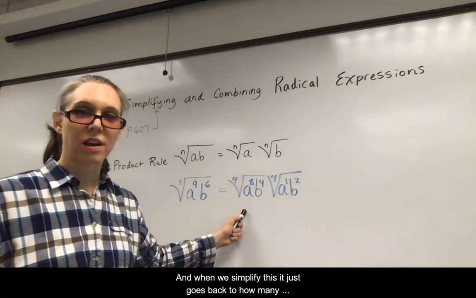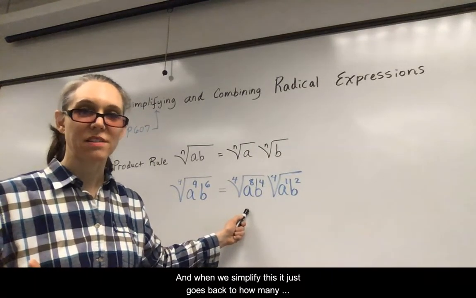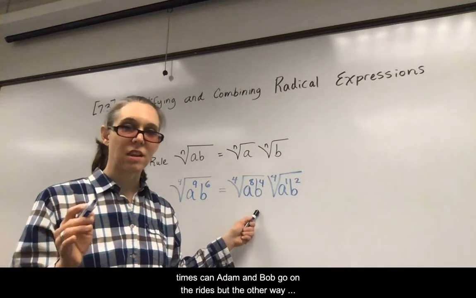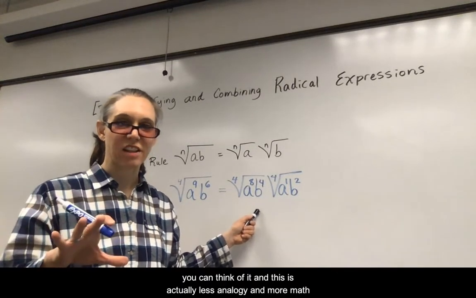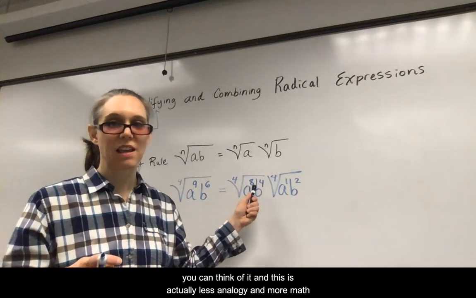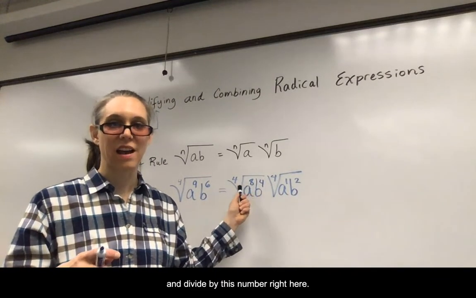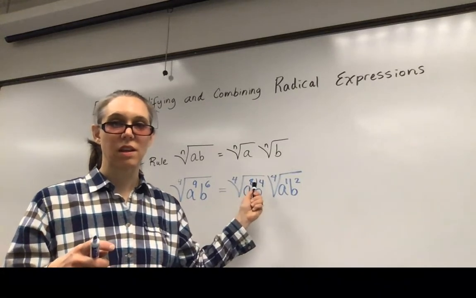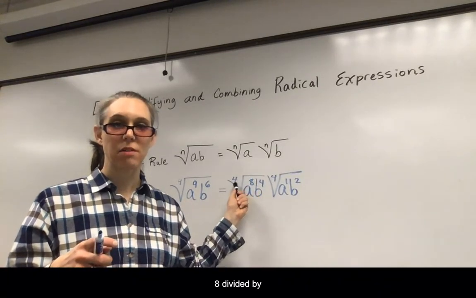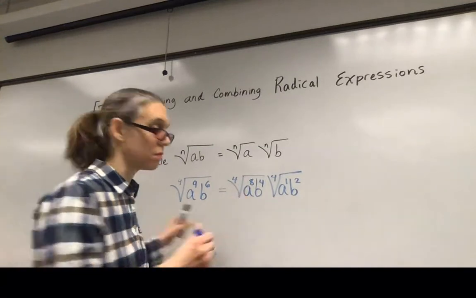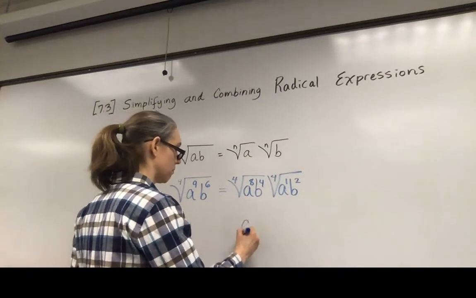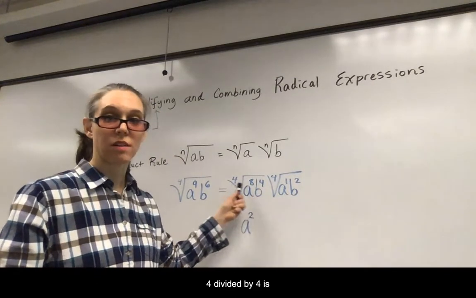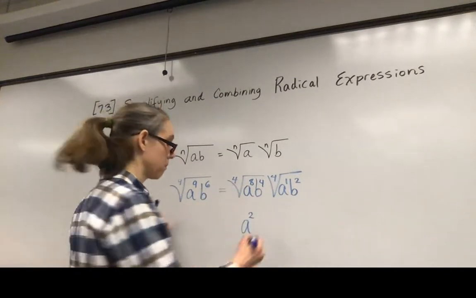And when we simplify this, it just goes back to how many times can Adam and Bob go on the rides. But the other way you can think of it, and this is actually less analogy, more math, just take the exponent and divide by this number right here, and you'll get your result. So 8 divided by 4 is 2. 4 divided by 4 is 1.